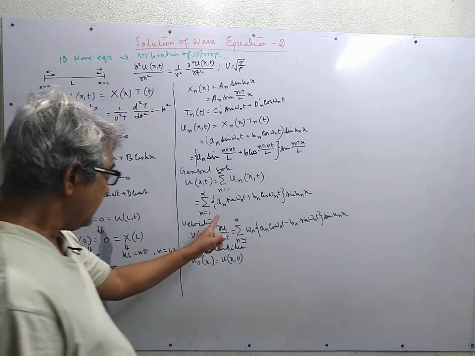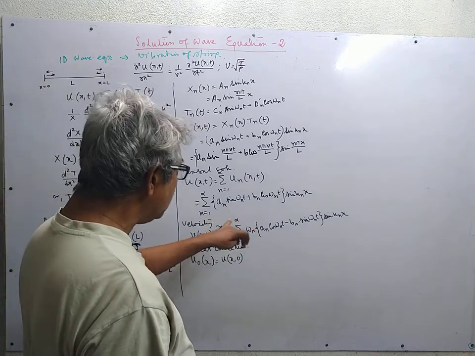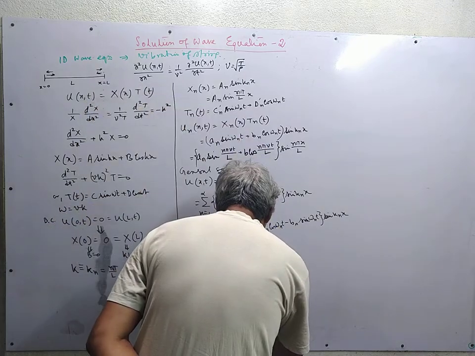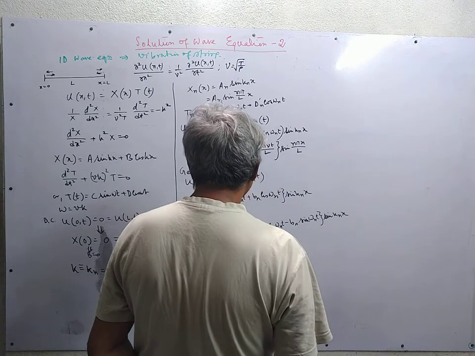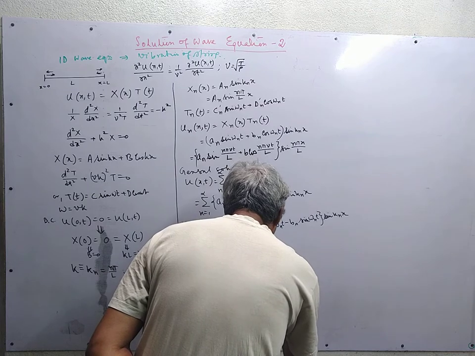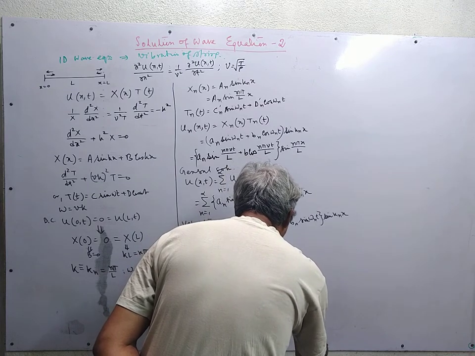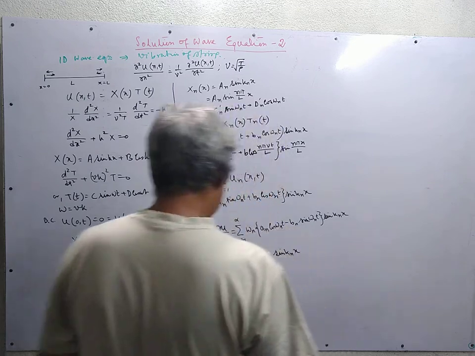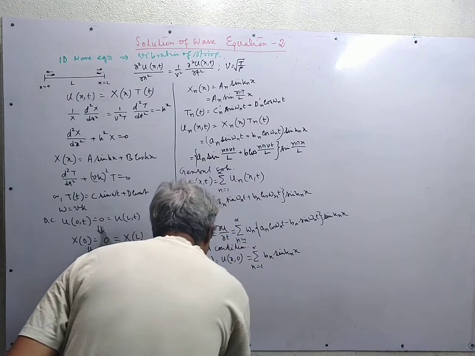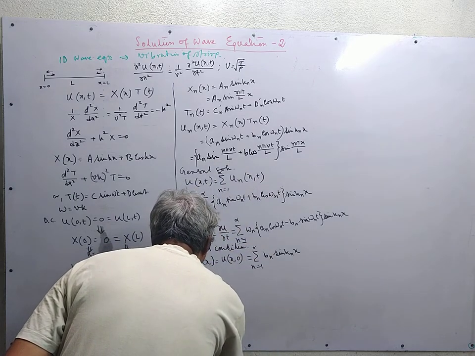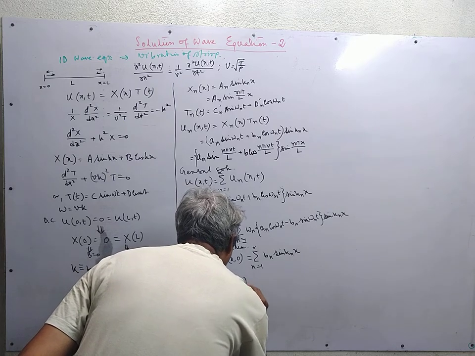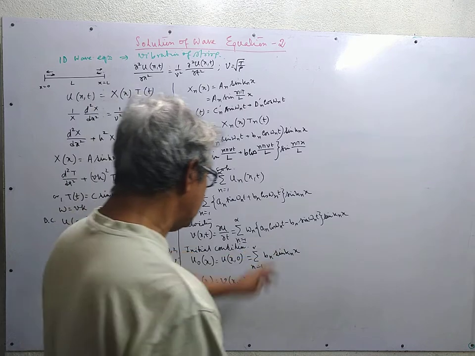If we set t equal to 0, this term is not there, we have this term always. And initial velocity v0 as a function of x is the derivative of u at t equal to 0. This is from this relation.